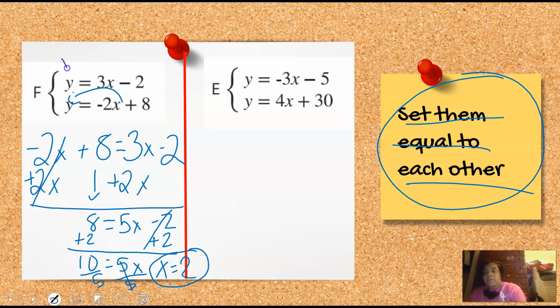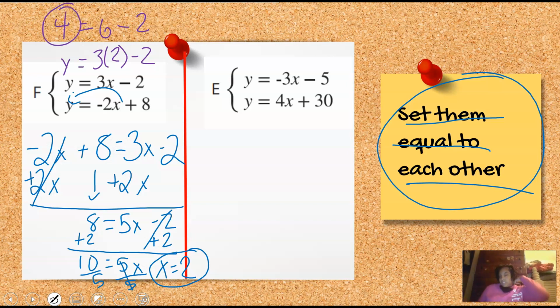So what I'm going to do is I'm going to say y equals 3 times 2 minus 2 up there, because there goes my x, so I'll just plug this x in for 2. So 3 times 2 is 6 minus 2. So my y has to be 6 minus 2, which is 4. So my solution to this equation is 2 and 4.